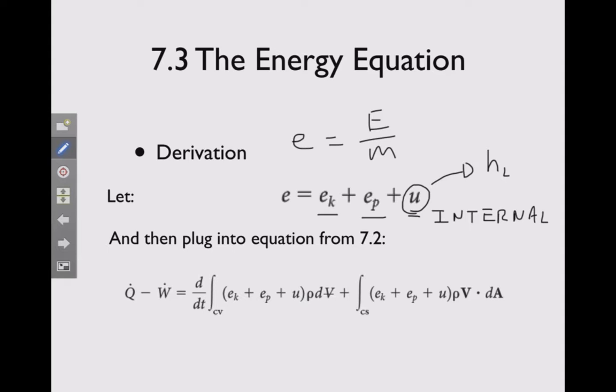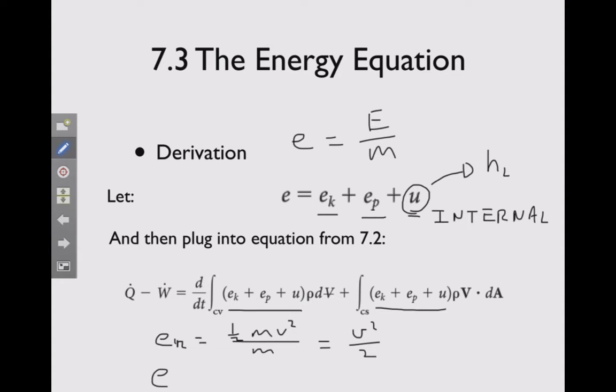So when we plug these in, E goes right here and here. We saw that last time. We can also write down expressions very easily for the kinetic energy per unit mass, because we know that the kinetic energy is 1/2 mv squared, and that over mass is just v squared over 2.